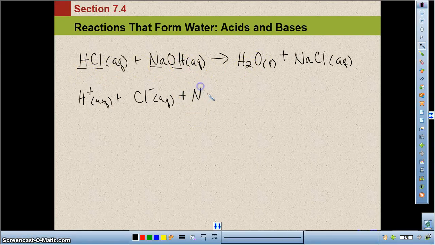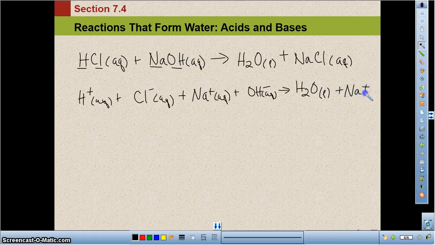Continue to break these up into ions, like so. And on the other side, instead of breaking up water, because we're going to treat it like we did that solid with the precipitation reaction, it's liquid, it's not aqueous, so it stays in molecular form. And then we continue to break up any aqueous substances that we have.